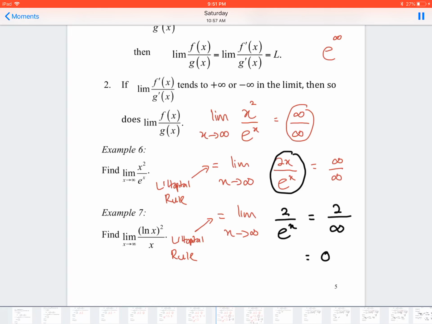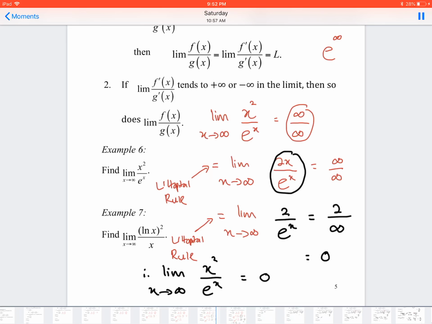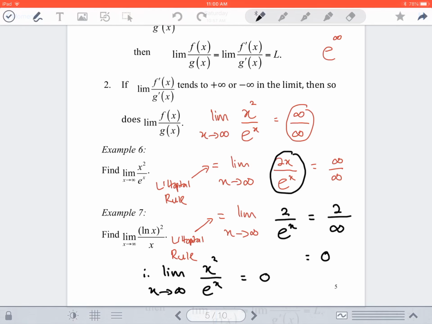So 0 is the number. Then we can conclude that by using L'Hopital's rule, the limit of the original expression x squared over e to the power of x as x approaches infinity is 0. How about the convergence of the function? Since the limit does exist, we can say the function is convergent.